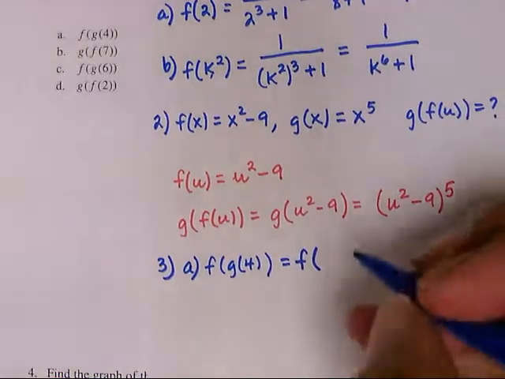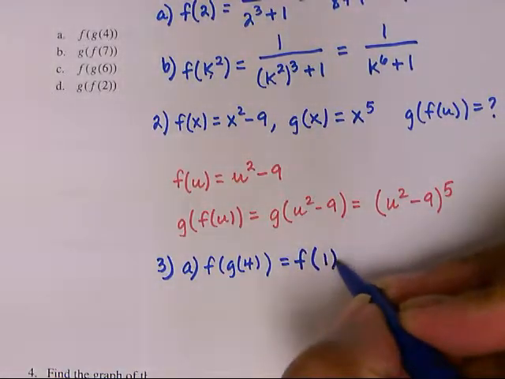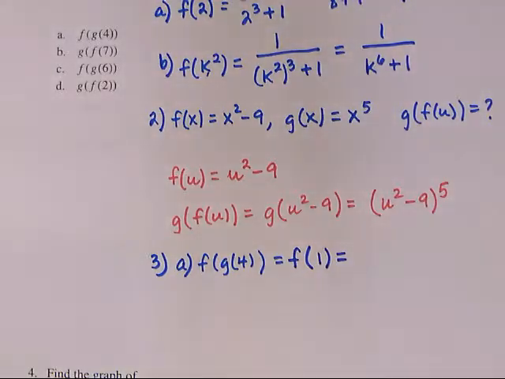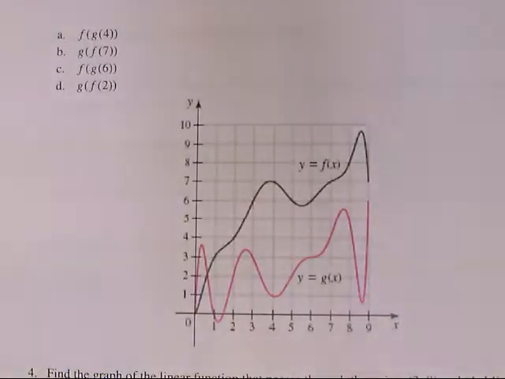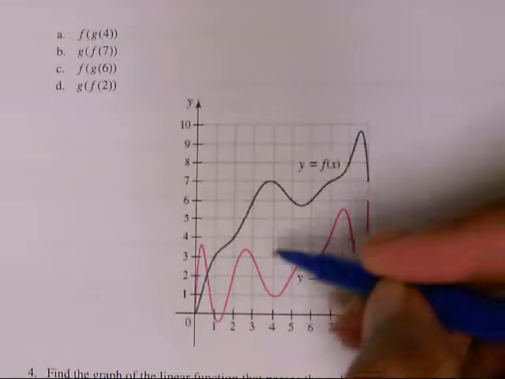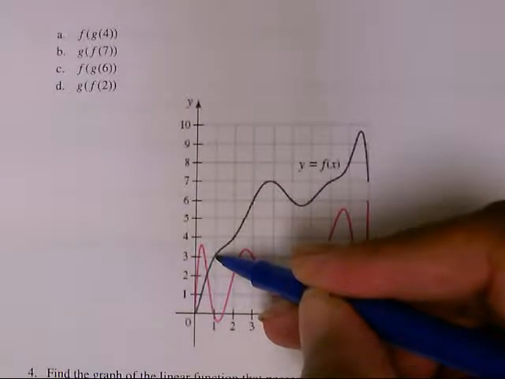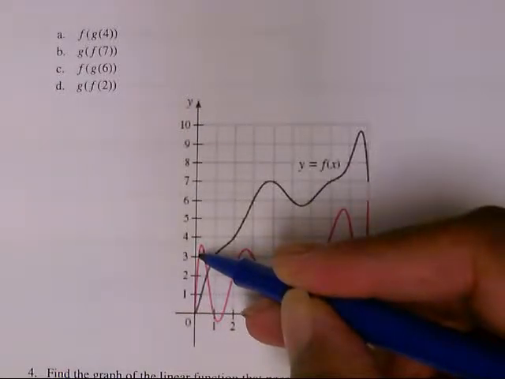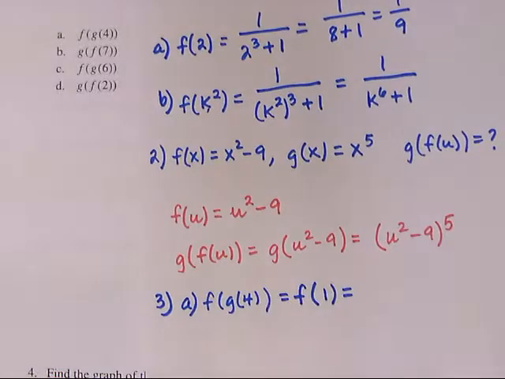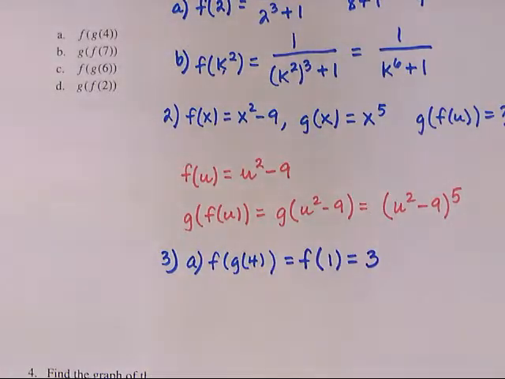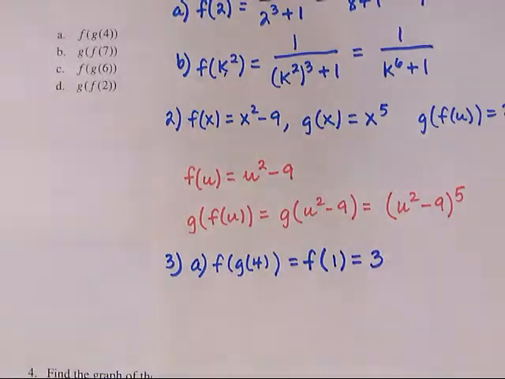So g of 4 will be 1. Now we need to find out what f of 1 is going to be. Well, here's f of x up here, and the x value now is going to be 1, so the y value at x is equal to 1 will have to be 3. So f of g of 4 is going to be equal to 3.